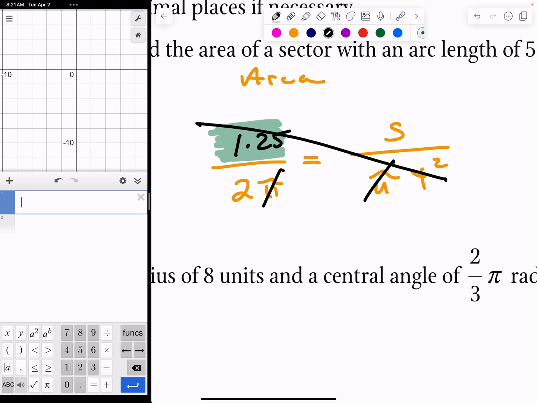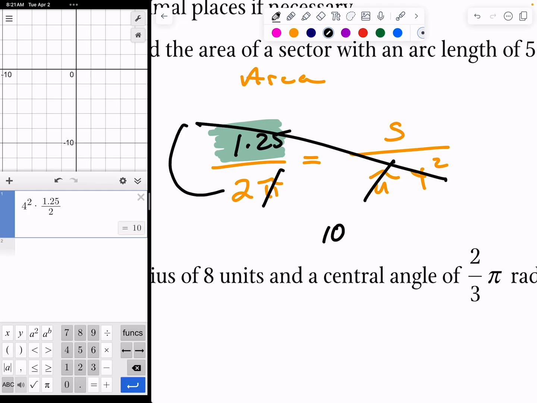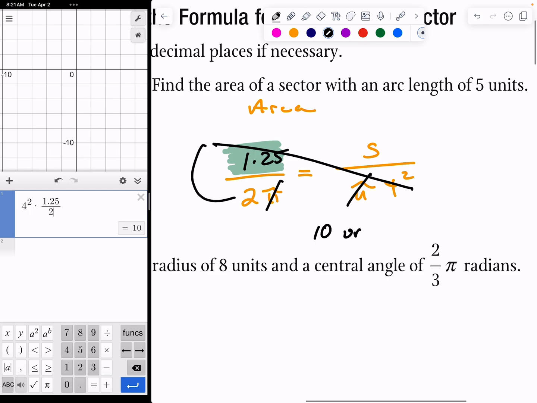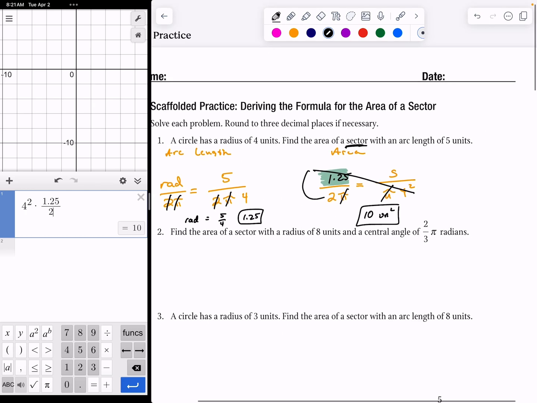So multiply, divide: 4 squared times 1.25 divided by 2 is 10 units squared. It's squared because they want sector.